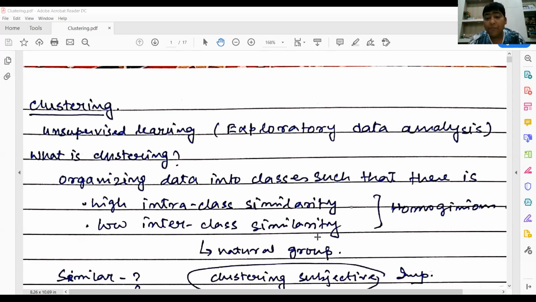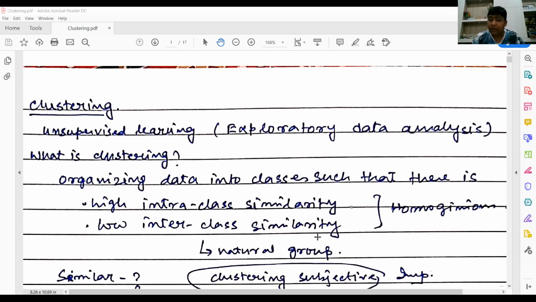So what is our main motto? Our main motto is to identify the similarity between the students. The students who have high similarity form a particular class, and the students who have low similarity belong to a different class. According to the high similarity, we group the students into separate classes.